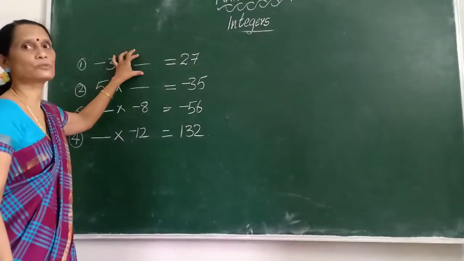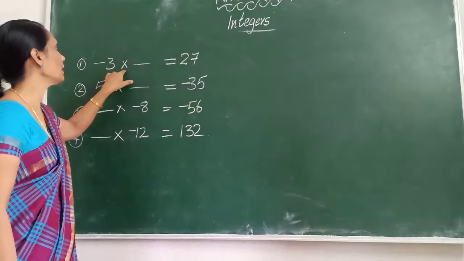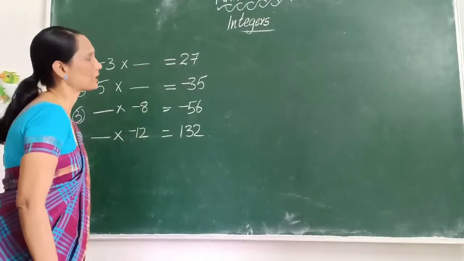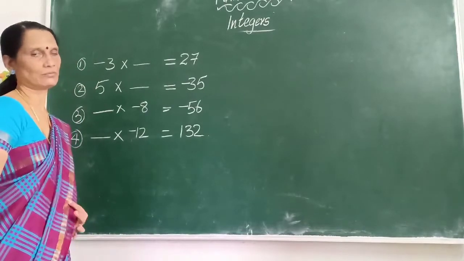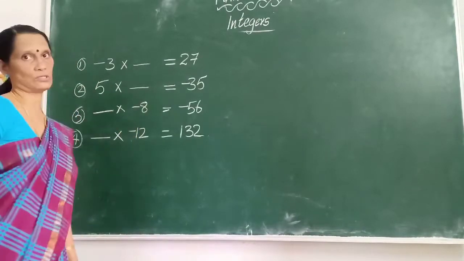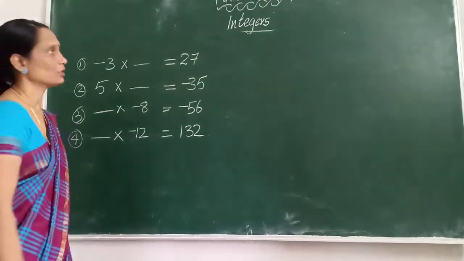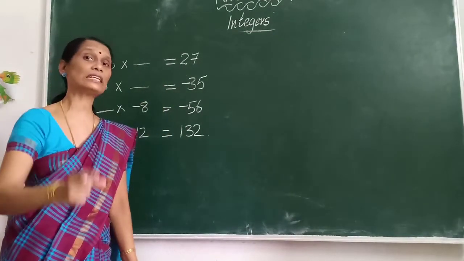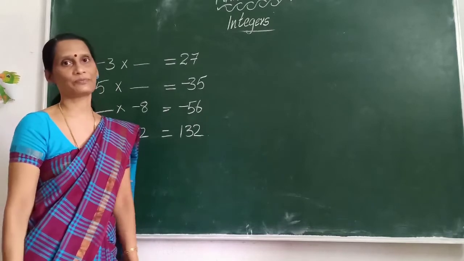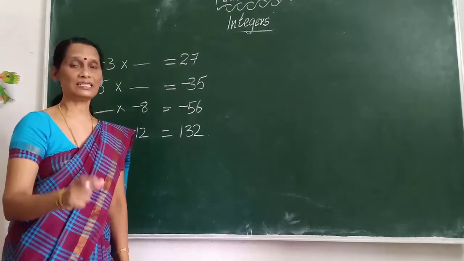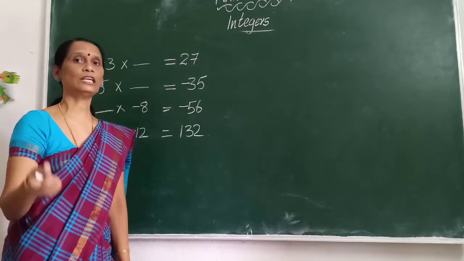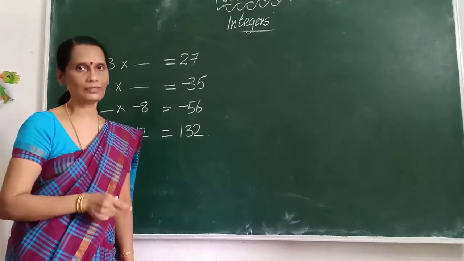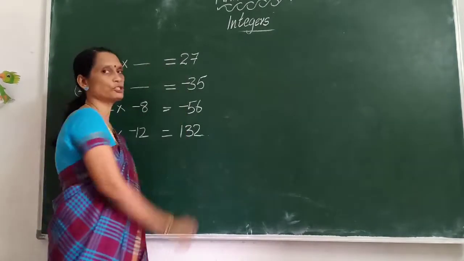We have to fill this blank. Minus 3 into what number gives the product as 27, meaning positive 27 or plus 27. The product is positive. When will we get a positive product? When the integers are either both positive or both negative, we will get a positive product.